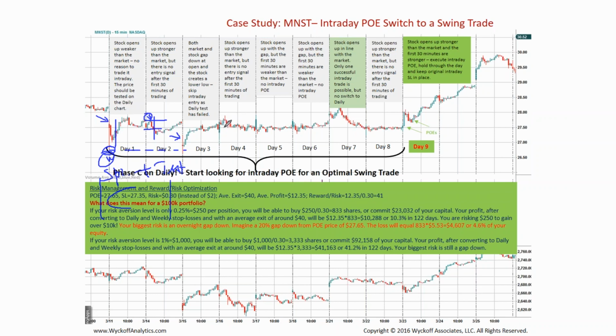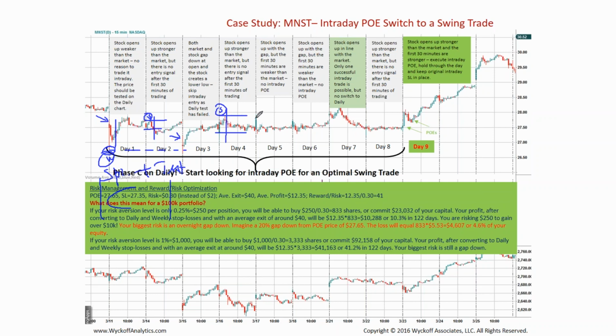On the next day, we actually open up quite strong, but we never commit to the upside above the first initial 30 minutes. The market is weaker, but the breakout to the upside does not happen for us, so we don't want to do anything here.